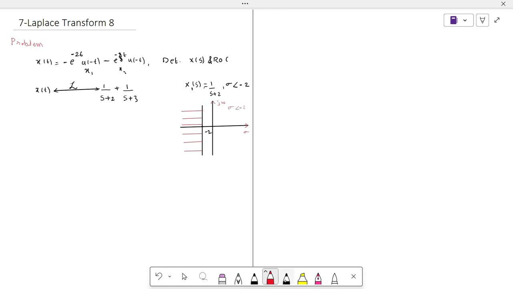Sigma less than minus 2. The next one, this is minus 2 and this is minus 3.